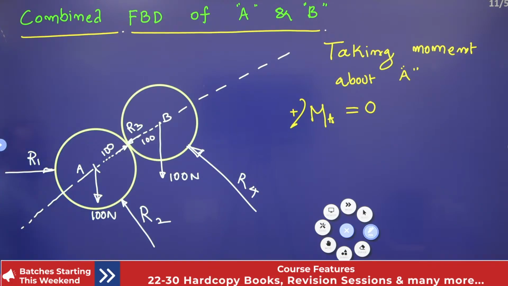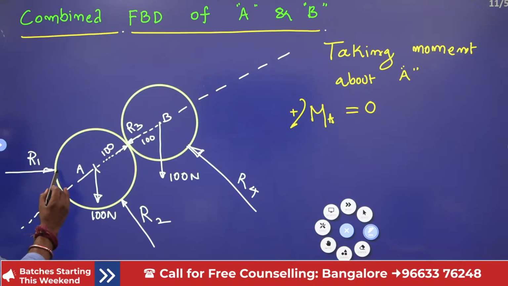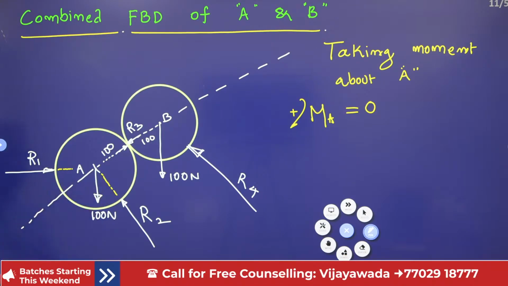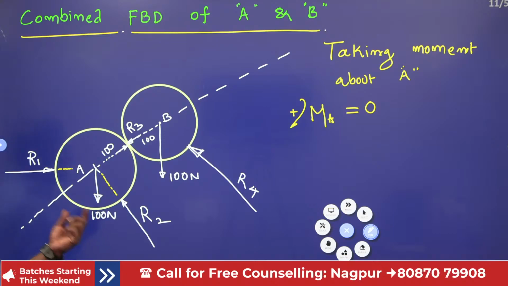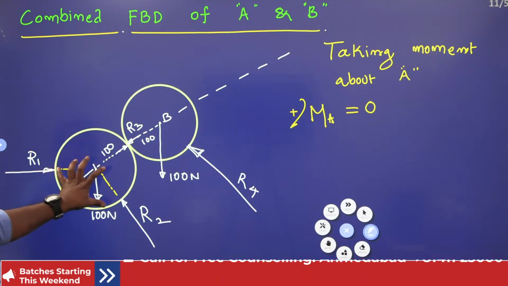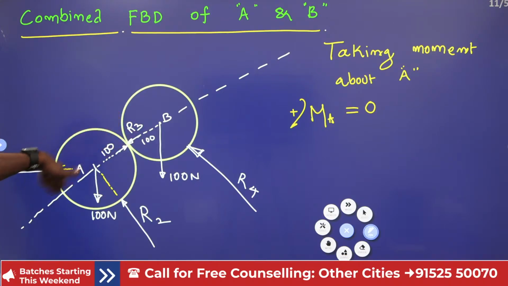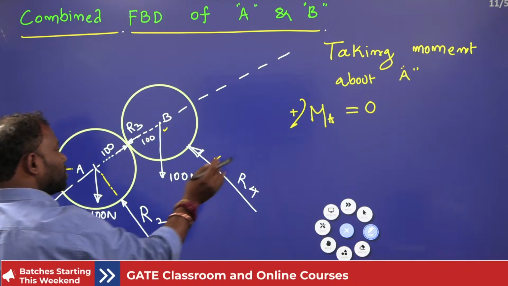Now see, if I take moment about A, then the moment created by R1 is 0, the moment created by R2 is 0, and the moment created by this 100 Newton force is also 0. Why? Because all these are passing through the point A. That is why the moments created by these forces are 0. So R3 is also creating 0 moment. Now only this force is creating moment.